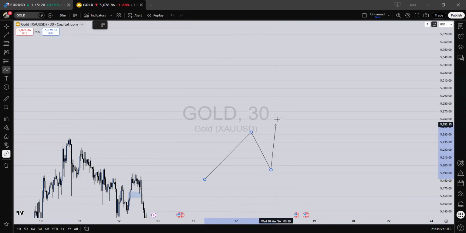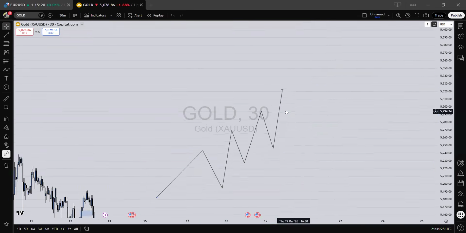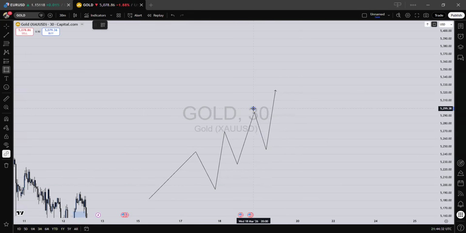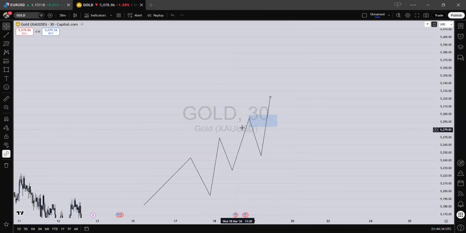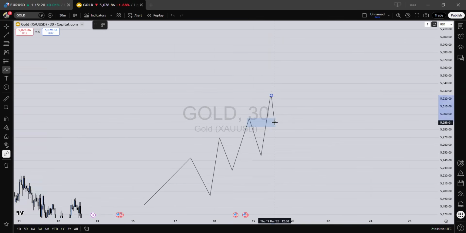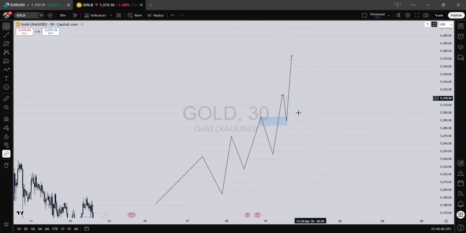For example, we have a bullish trend, all right? Then basically price uses a failed supply zone as demand. It can be a single candle kind of block.